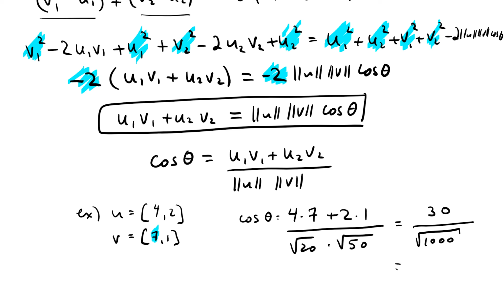So using my calculator, if I evaluate this, this is, well, approximately 0.9487. And if I want theta, I will take the arc cos of this value using, again, my calculator.